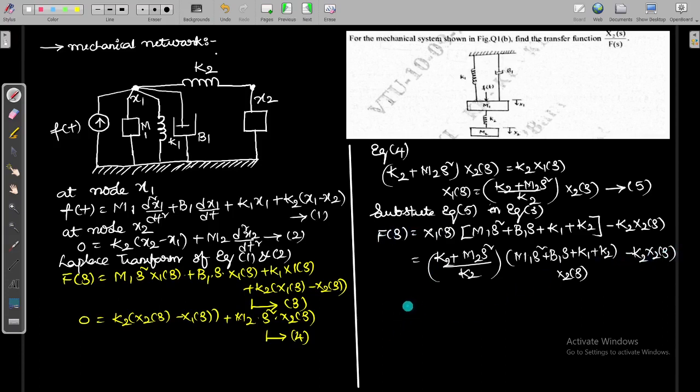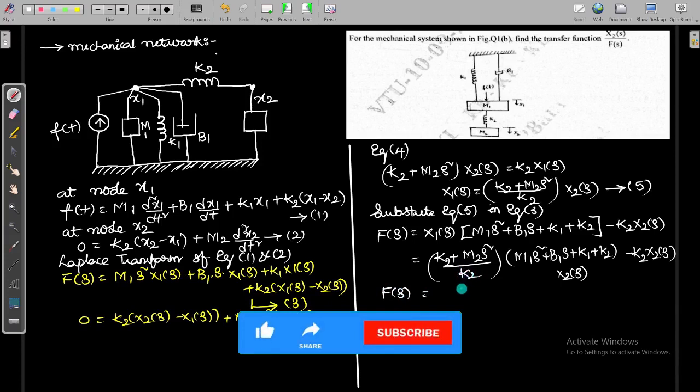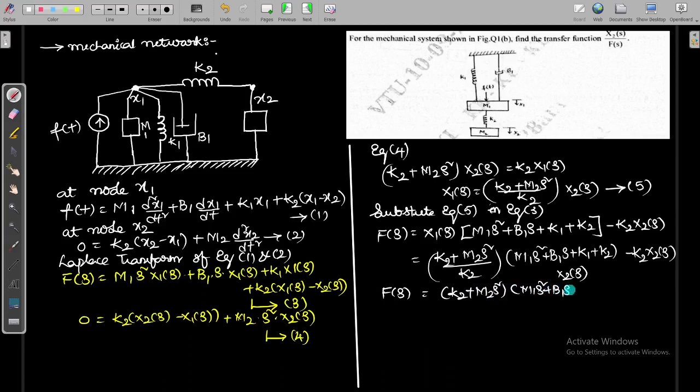If you simplify, F(s) is equal to, taking the LCM k2 on this side, (k2 plus m2 s square) into (m1 s square plus b1 s plus k1 plus k2) minus k2 square, the whole divided by k2. So you got one equation with X2(s) multiplication.